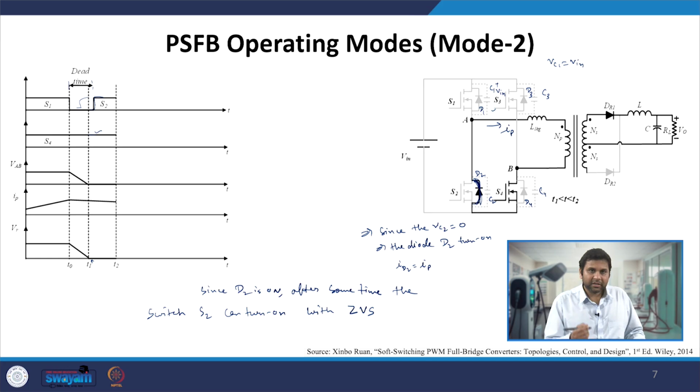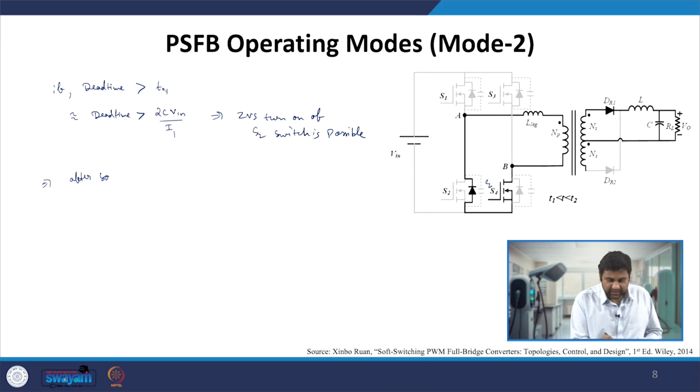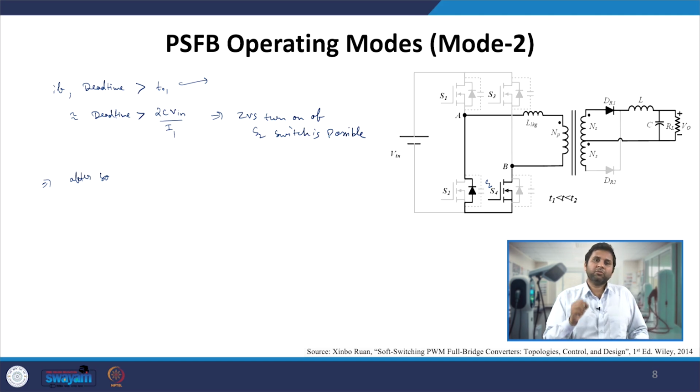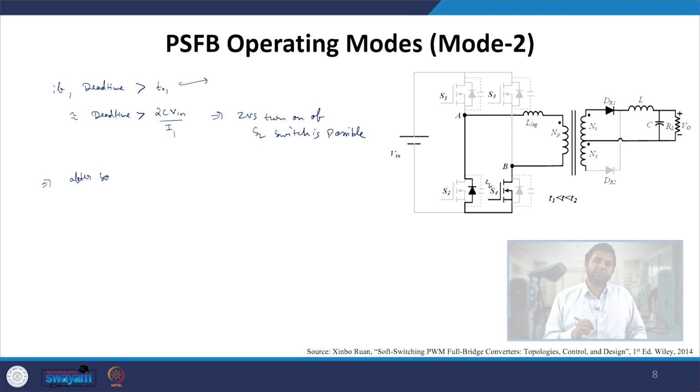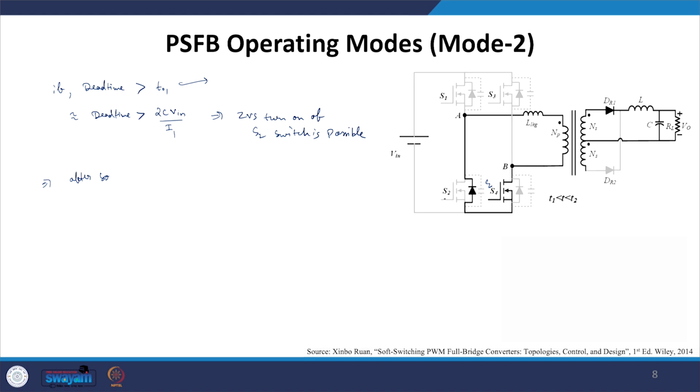However, if we ensure that the time is greater than this, it 100% ensures that we are achieving the 0 voltage turn on of the switch S2. Now you have given the gate pulse. Once you give the gate pulse, this device gets turned on, and diode D2 is removed from the conduction path of this current IP.